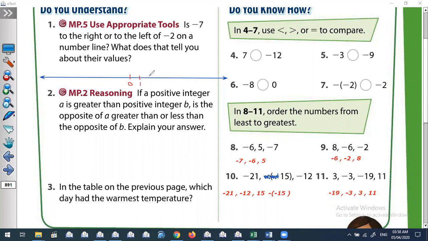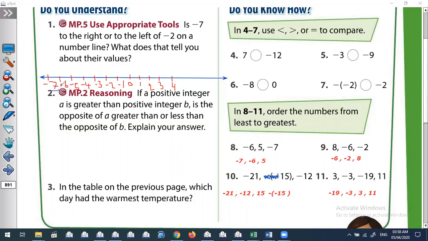Positive numbers on the right: 1, 2, 3, 4, that's enough. Negative numbers on the left: negative 1, negative 2, negative 3, negative 4, negative 5, negative 6, and negative 7. He asked about negative 7 and negative 2.